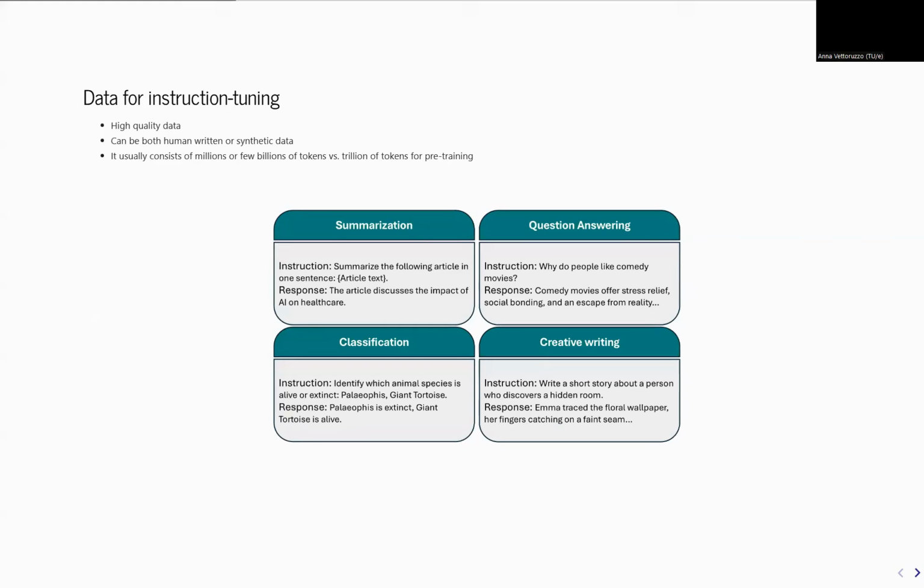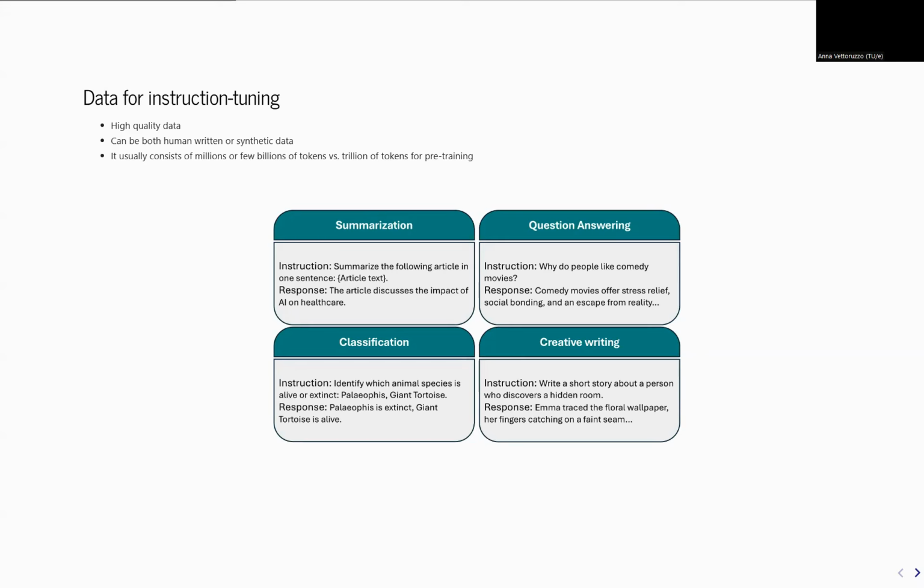They can be both human written or synthetic data, and they are usually much less than what we have during the pre-training phase. Because during the pre-training phase, we usually talk about trillions of tokens, but during the post-training phase, instead, we just have millions or a few billions of tokens. Depends on the model size.